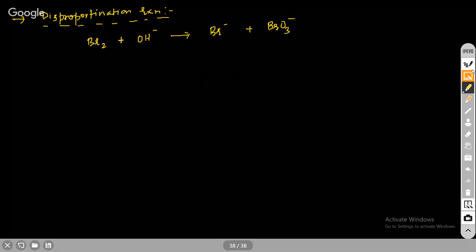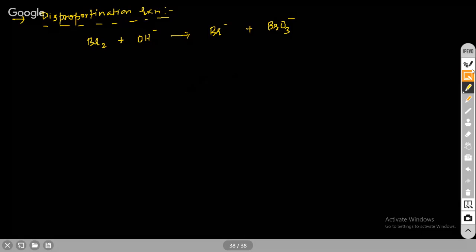Can you balance this reaction? Tell me, what is the balanced reaction?